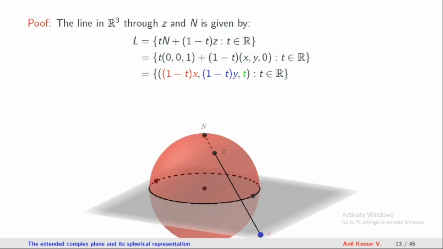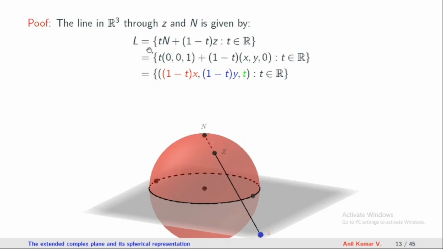Consider the line passing through the points z and N. Here N is the north pole of the sphere and z is any point in the complex plane. Here L is the line joining the points N and z.